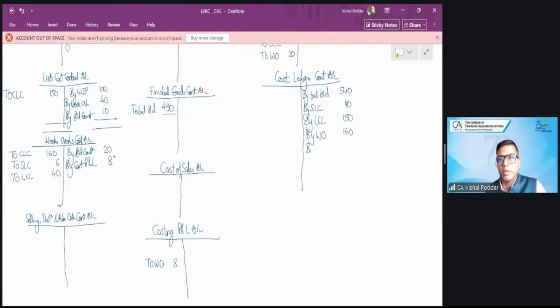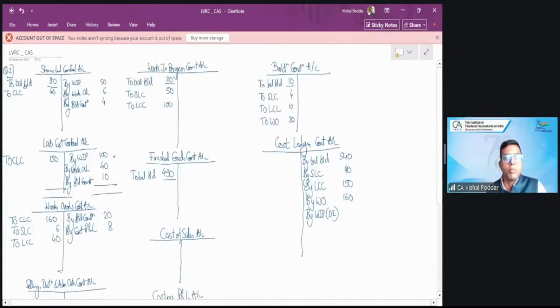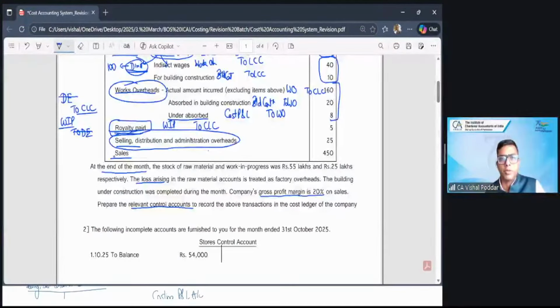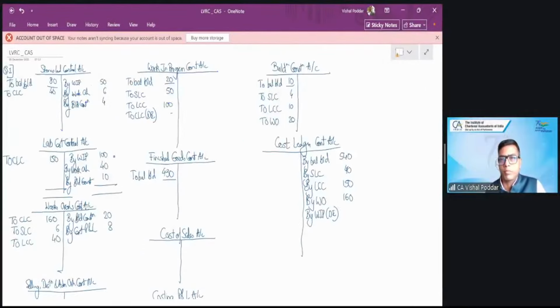So WIP (direct expense) to CLC (direct expense). Amount is 5. Here I will write royalty just for your reference as to what that amount is, because in the question it is named as royalty. So let us call it royalty only.